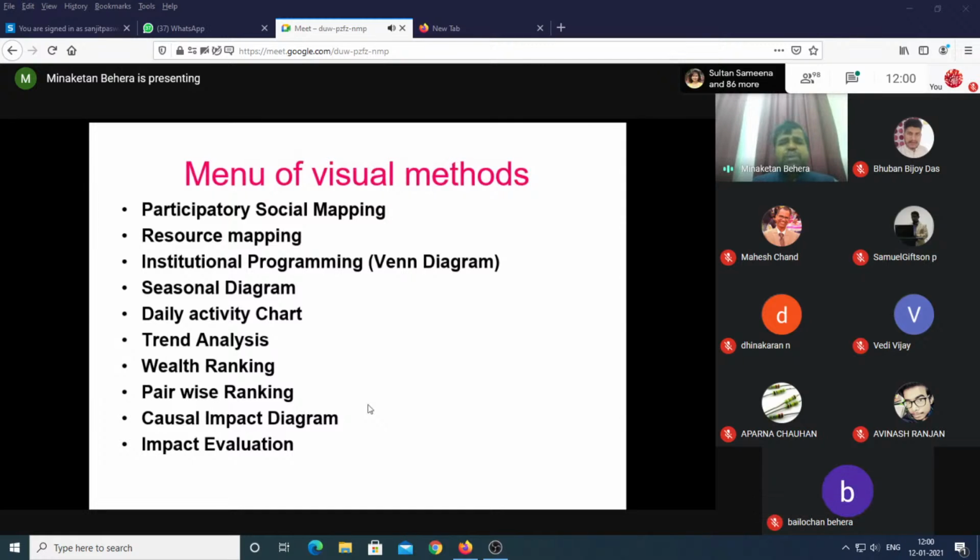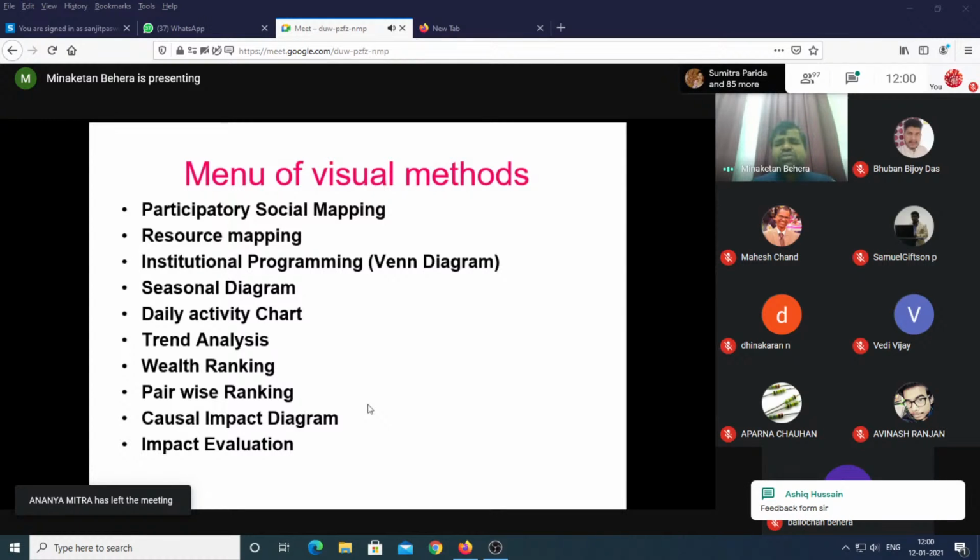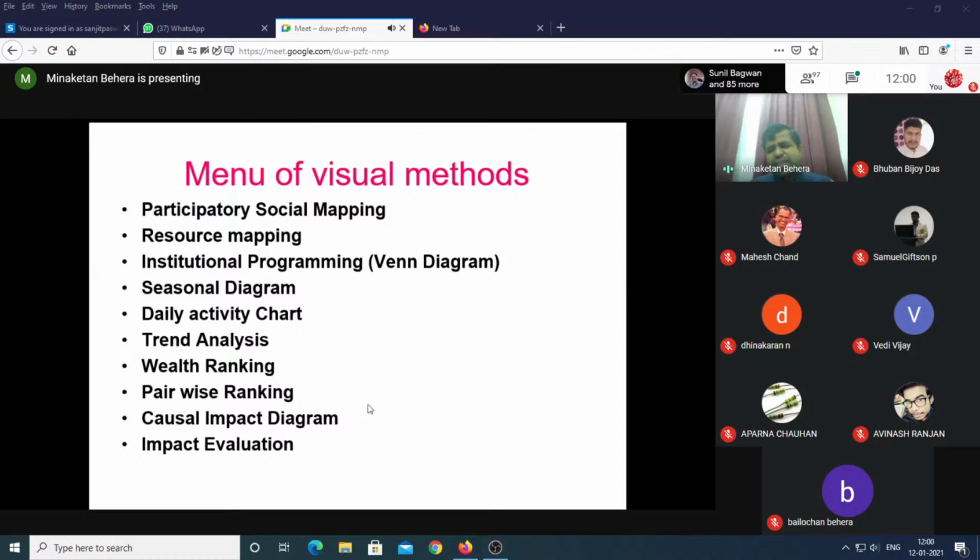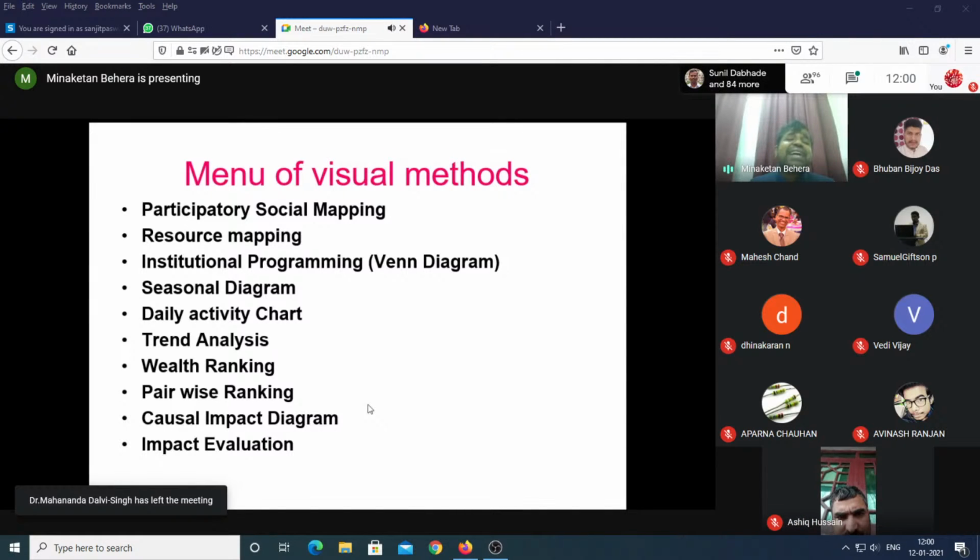It provides a general idea to understand the village pattern, situations and conditions. So you get a brief idea from RRA, rapid rural appraisal. But in most cases we use participatory rural appraisal.